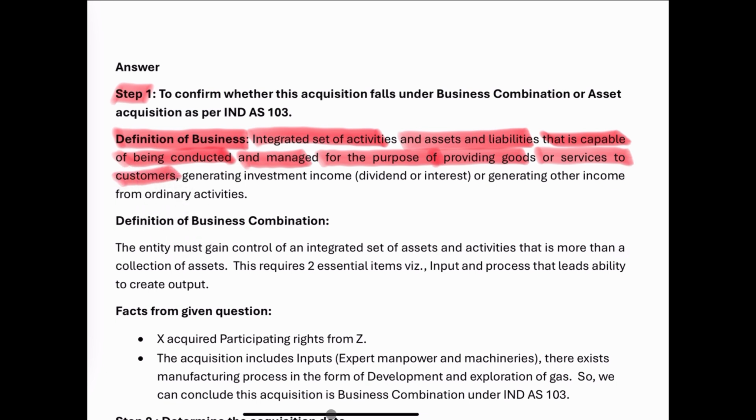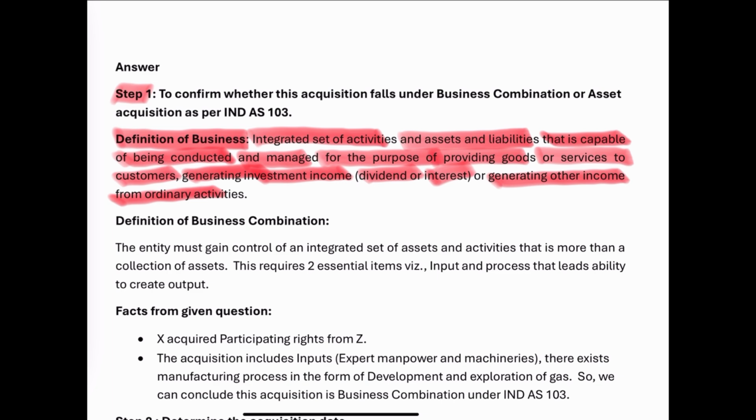So there should be activity and there should be assets and liabilities, and together they should be capable of being conducted and managed for providing goods or services to customers. And why should this be done? In order to generate either investment income or other income from ordinary activities. The investment income could be dividend or interest, or other operating income could be the operating profit from that business. If all these conditions are satisfied, then it qualifies as a business, otherwise it does not.